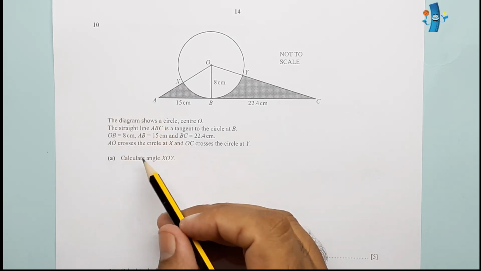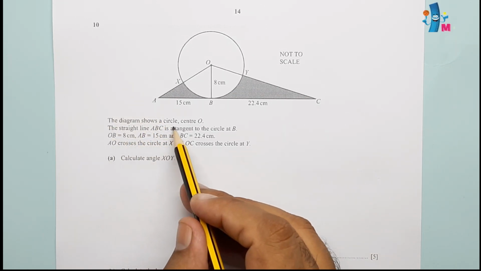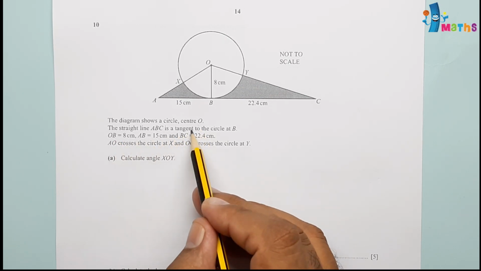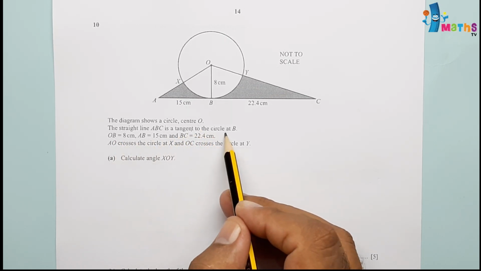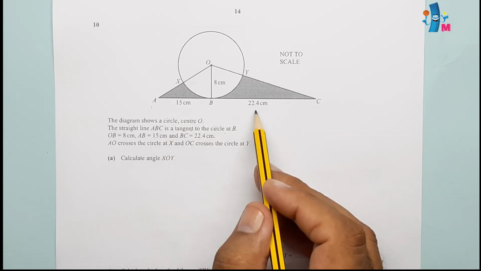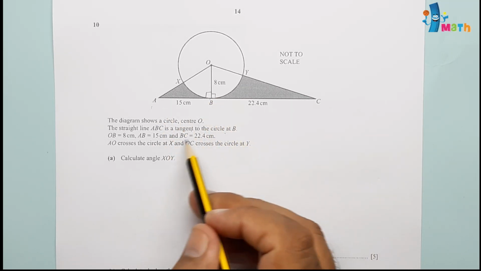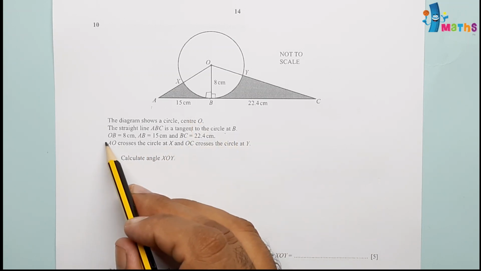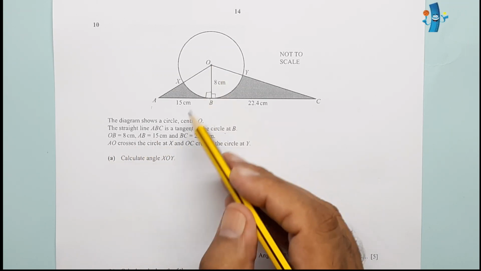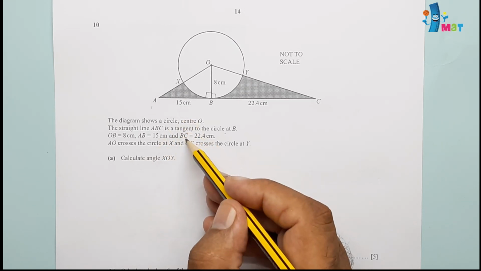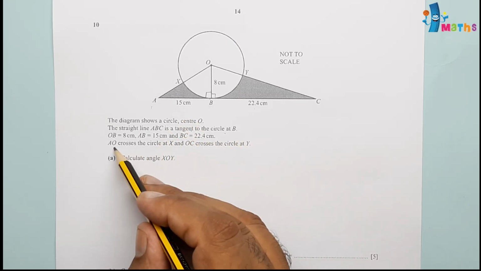Question number 10. The diagram shows a circle center O. The straight line ABC is a tangent to the circle. ABC is tangent to the circle. It means this is 90 degrees and this is 90 degrees at B. So OB is equal to 8, AB is equal to 15, BC is equal to 22.4.